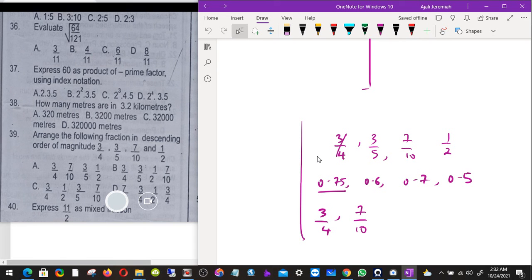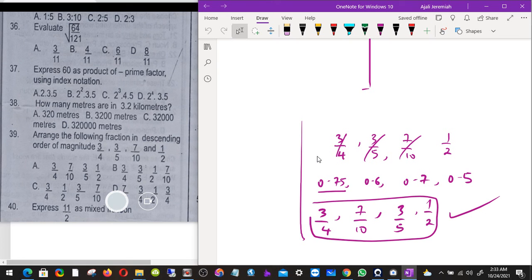The highest here is 0.75 representing this, then 0.7 representing this, then the next is 0.6 representing 3/5, then the next is this. So you can actually use this OBJ method to pick your answer in descending order. But in theory, you solve it like you are solving LCM.